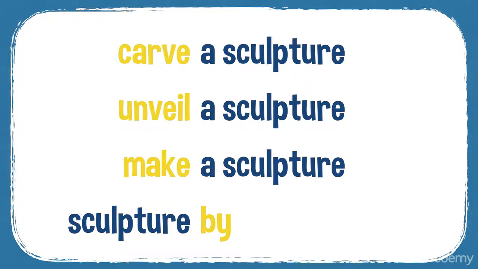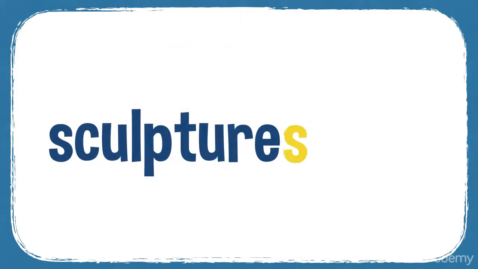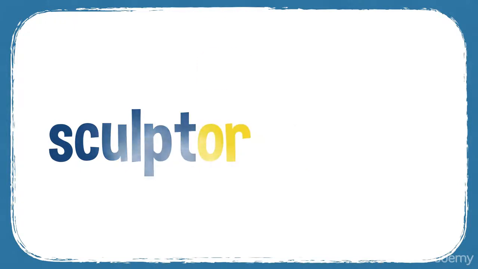It was a sculpture by someone. So sculpture is a noun, of course, so you can turn it into a plural noun with S on the end. But it's also a verb, to sculpture something. So you can say sculpturing, sculptured. The person who makes a sculpture is known as a sculptor.